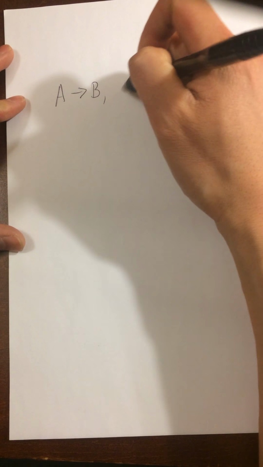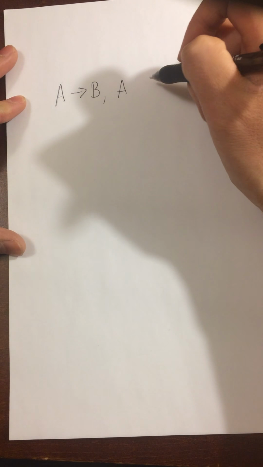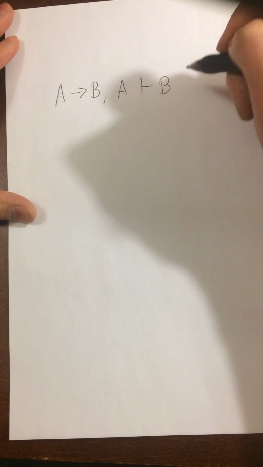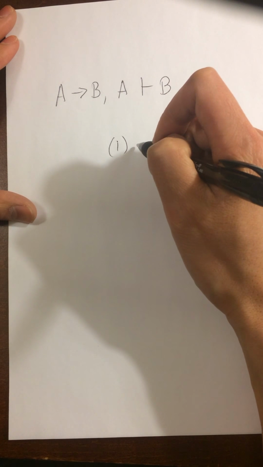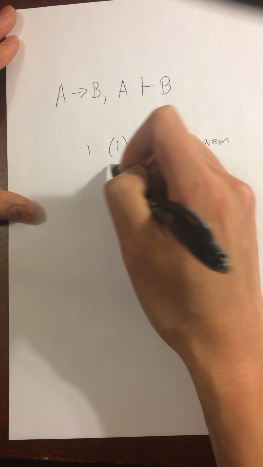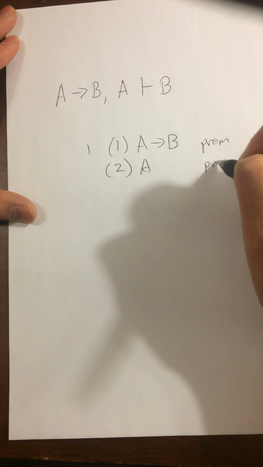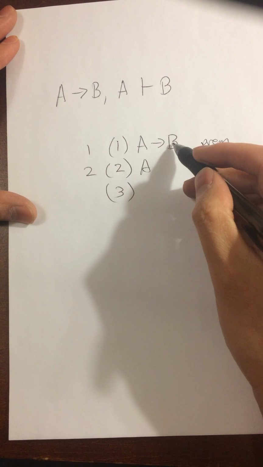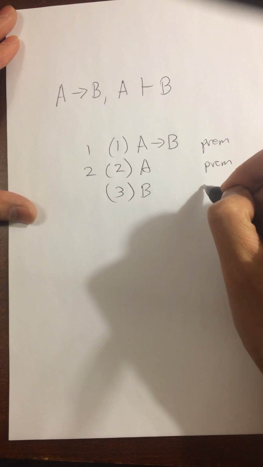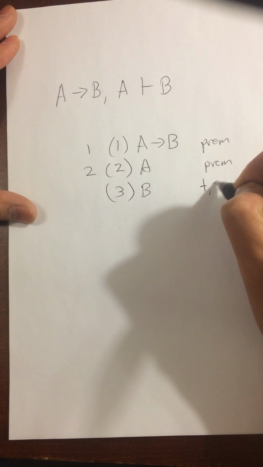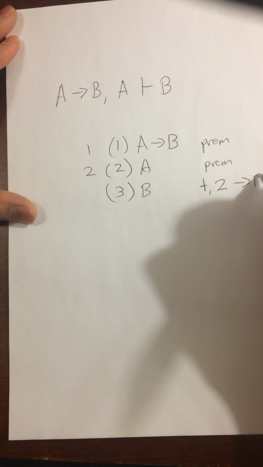So imagine A arrow B. Given the antecedent A as well, you may then infer or derive B. So to set this up, on line 1 you have your first premise, A arrow B. Your second premise, A. And then on line 4 you may derive B. And so this comes from lines 1 and 2, arrow elimination.